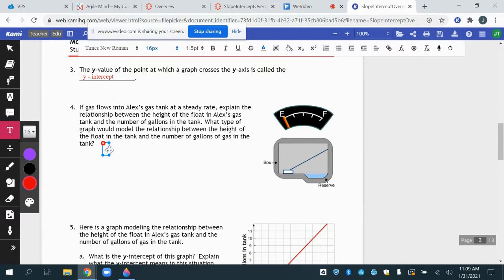Well, we notice that as the float gets higher, the gauge goes up toward full.